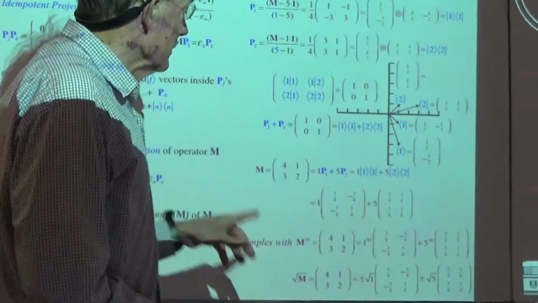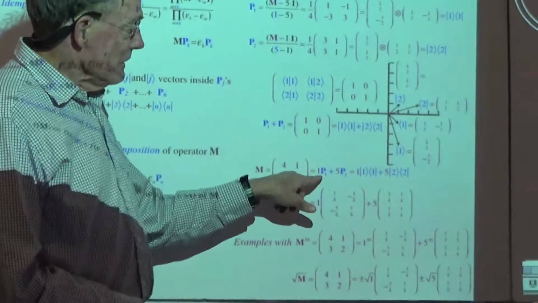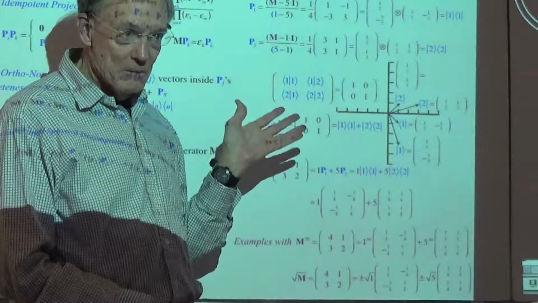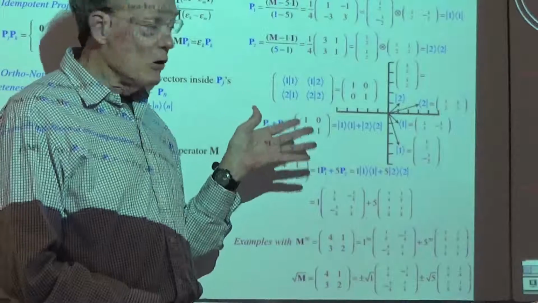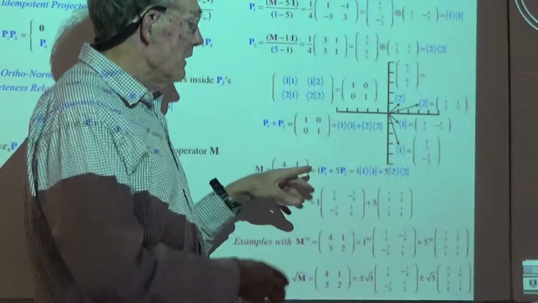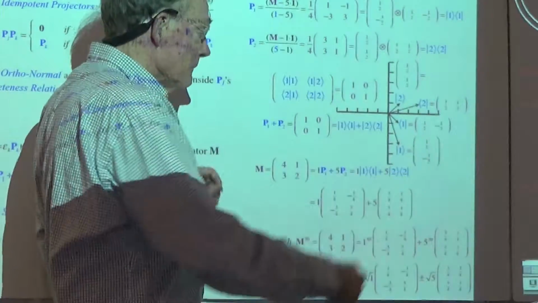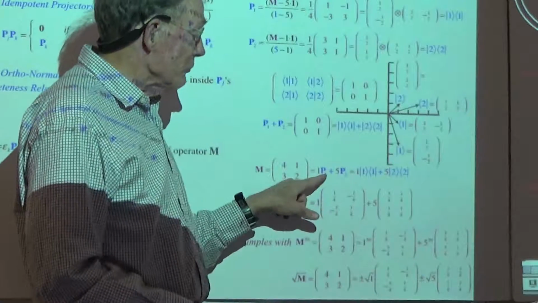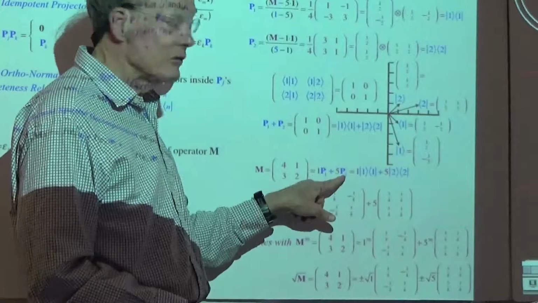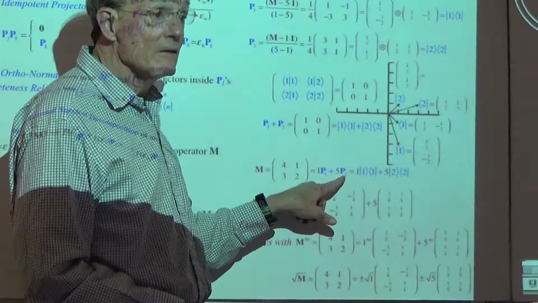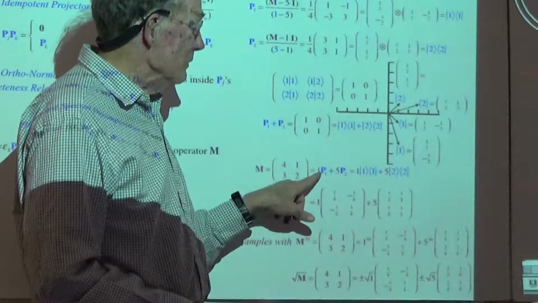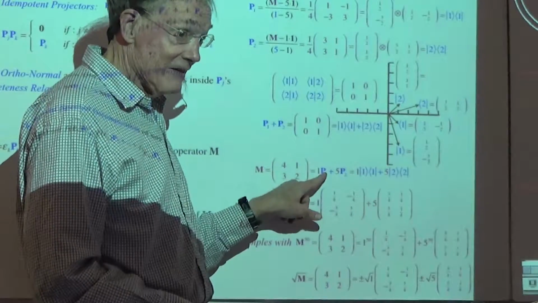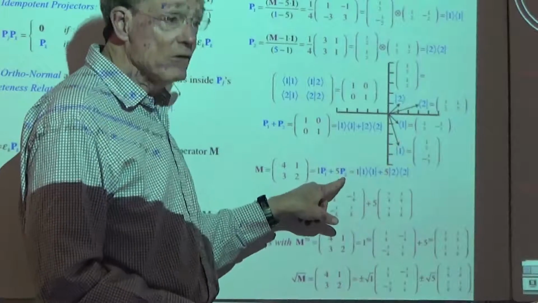Think about the algebra. Think of what it is you're doing here. You're taking this binomial and raising it to the 50th power. Normally that would look like you'd have a heck of a lot of terms, but the only terms you're interested in are the diagonal terms where P1 hits P1. If P1 hits P2, it's 0. So out of that binomial, you're only interested in 1 times P1, P1, and 5 times P2, P2.